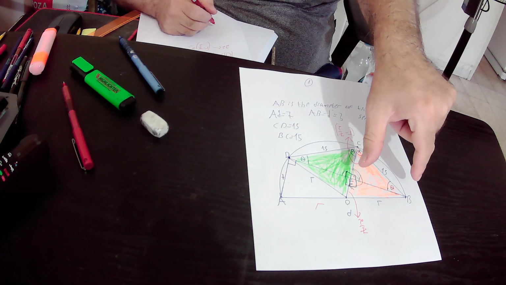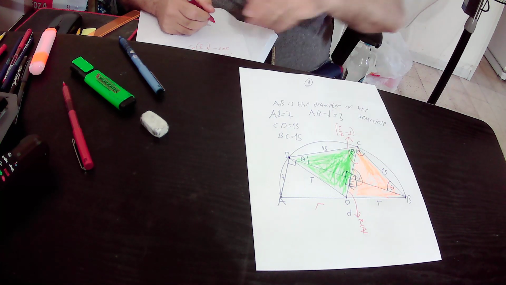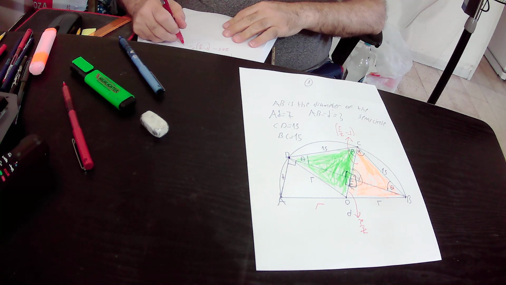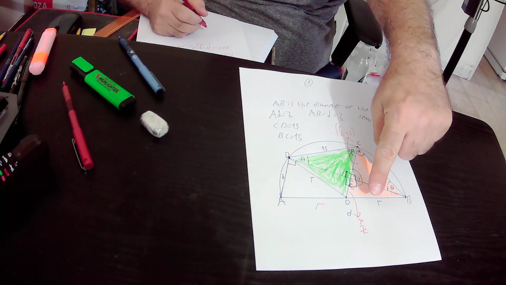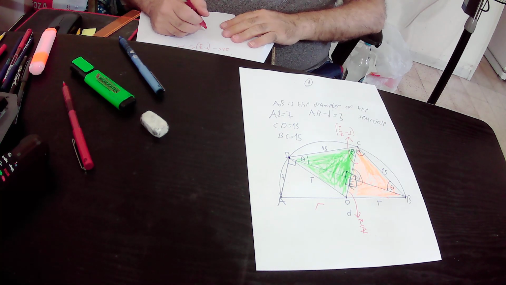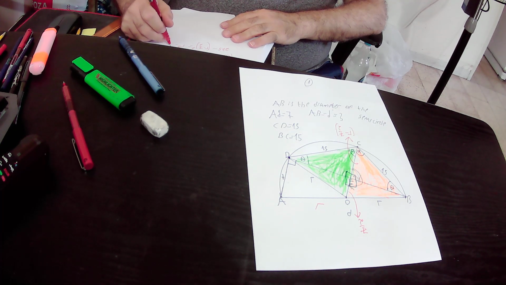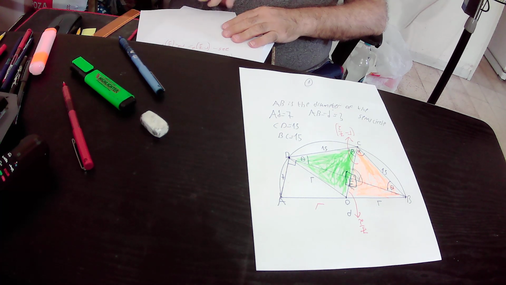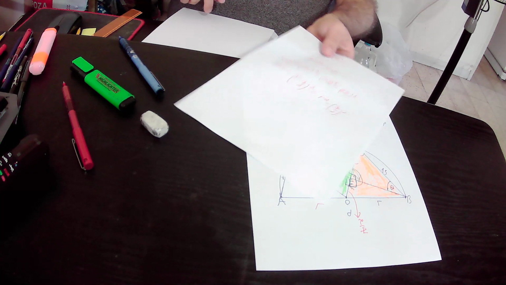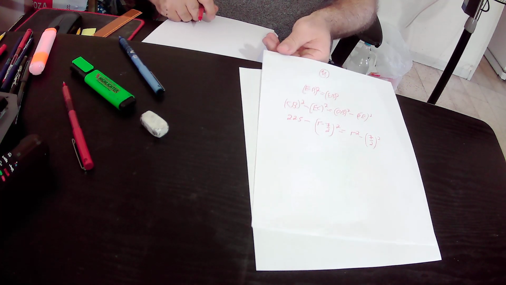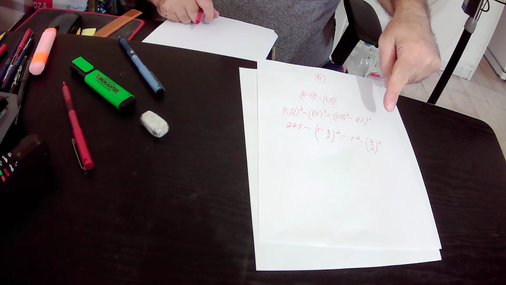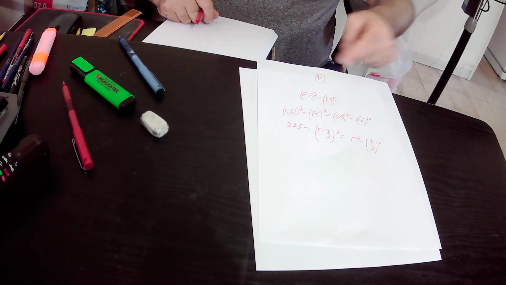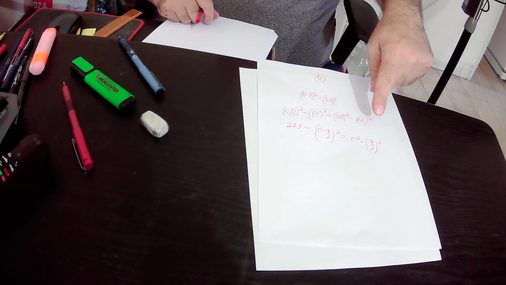OB equals R, so OB square is R square minus OE square. OE equals 7 over 2, so OE square is 7 over 2 square. So in total we got 225 minus R minus 7 over 2 square equals R square minus 7 over 2 square.